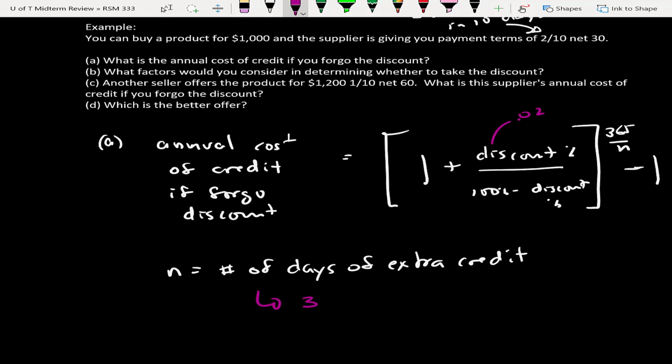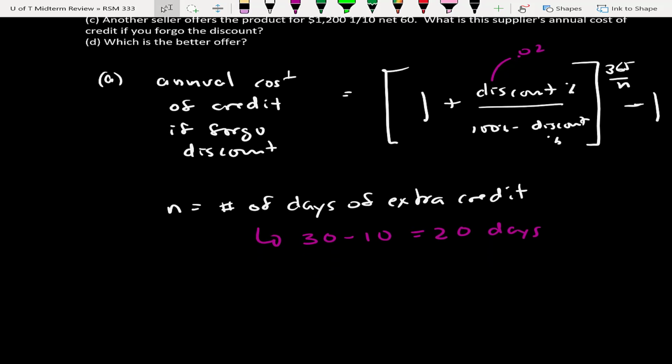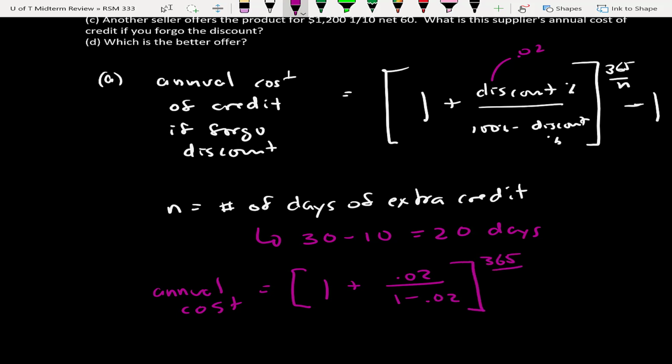Instead of paying in 10 days, you're paying in 30, so you're getting 20 extra days of credit. Let's substitute this in. The annual cost is equal to (1 plus 0.02 over 1 minus 0.02) to the power of 365 over 20, minus 1.